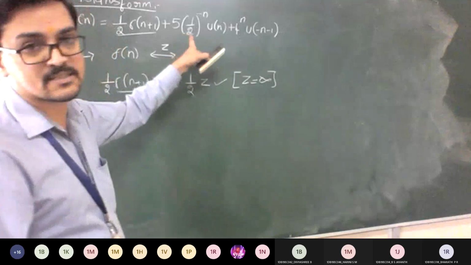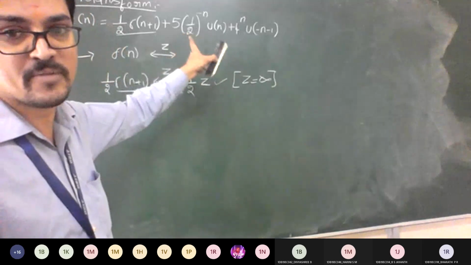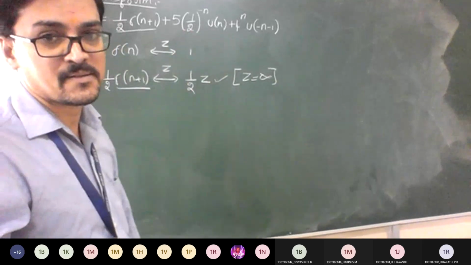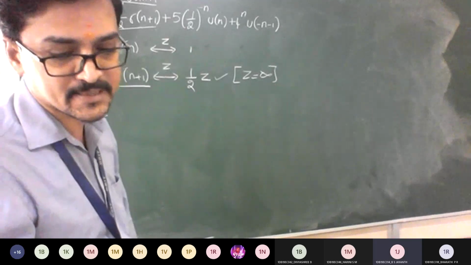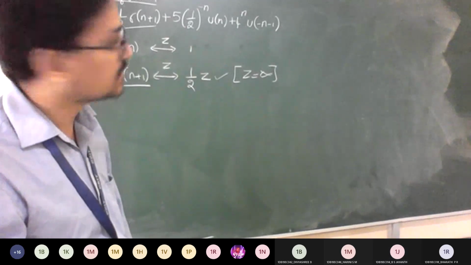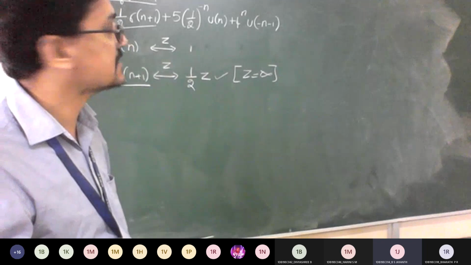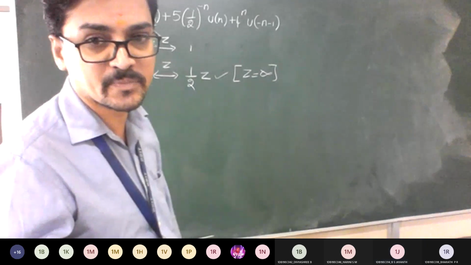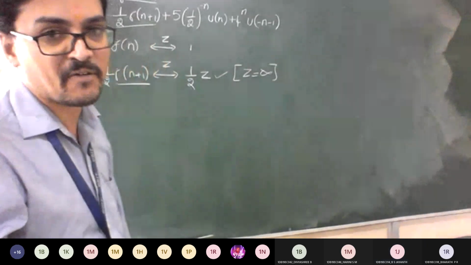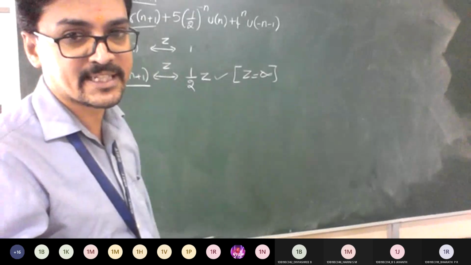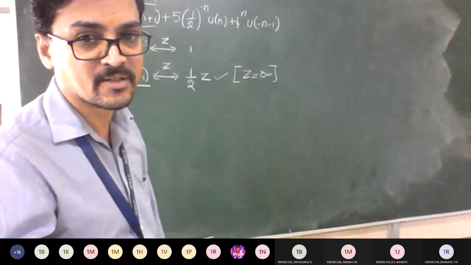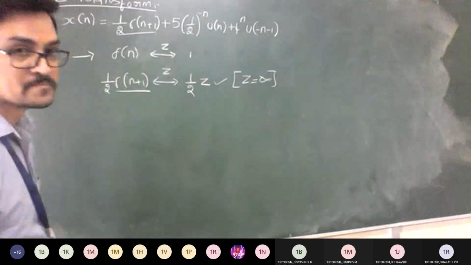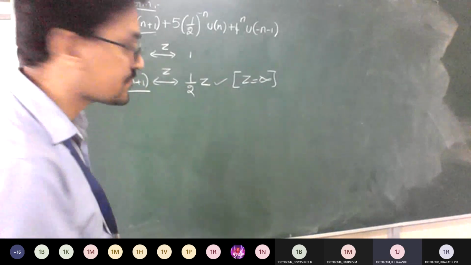Now look at this. In which form is it? It is in the form of 5 power minus n into u of n. The formula is for 1 by a power n, but we have a formula for a power n. Yesterday I told you how to make it a power n. What should I make now? The reciprocal of it, sir. Good.